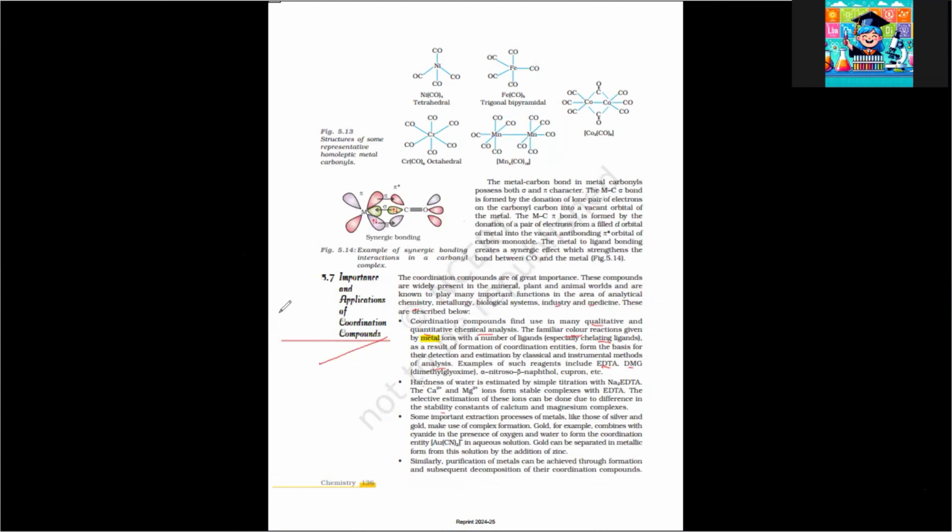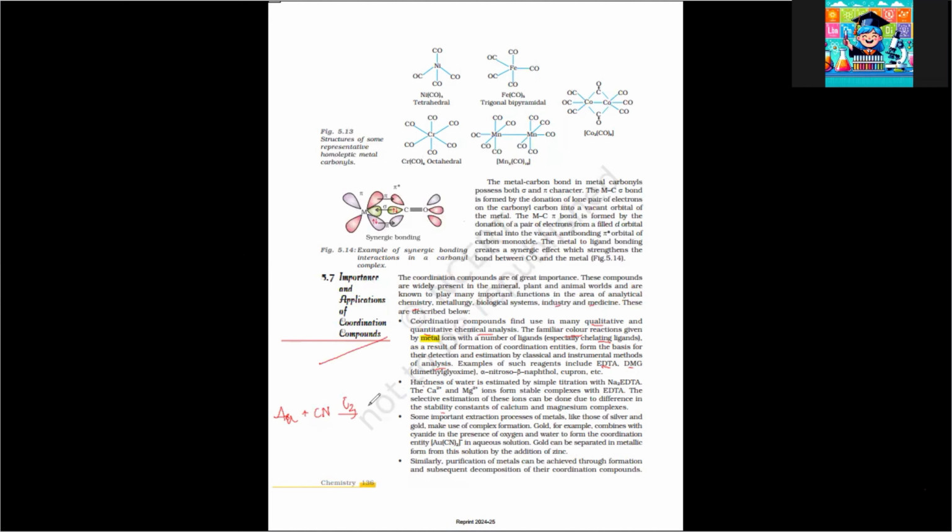So gold, Au, is present in an ore as a mixture, and it combines with cyanide in presence of oxygen. So gold extraction is using cyanide, you know it.